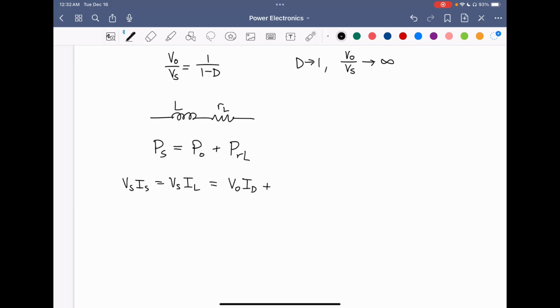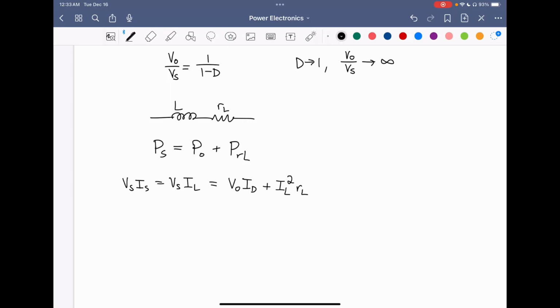What about the power consumed by the series resistance RL? Well, we have an I squared R loss, so that's just equal to IL squared times RL. Now, in the D prime interval, we have the diode current being equal to the inductor current, while in the regular DT interval, the diode current is equal to 0.